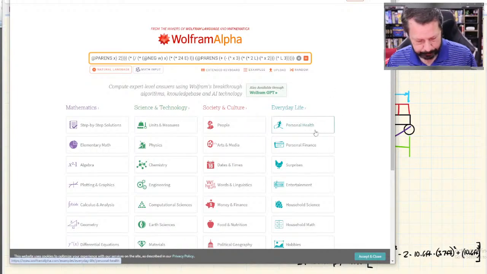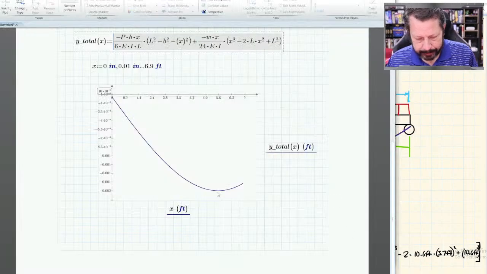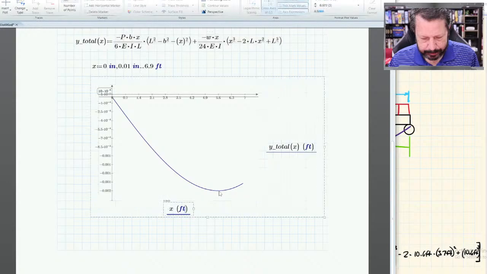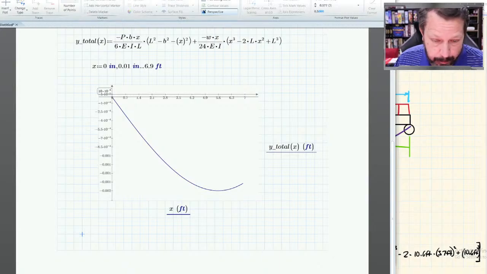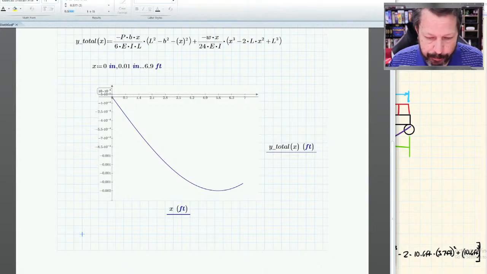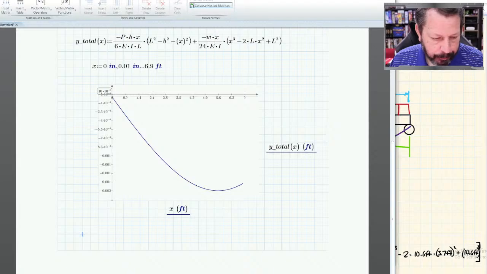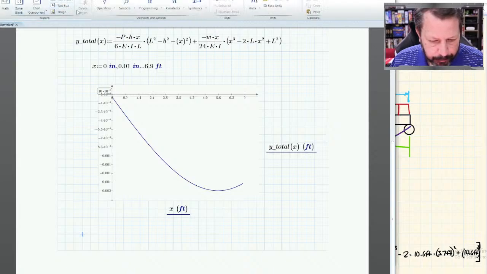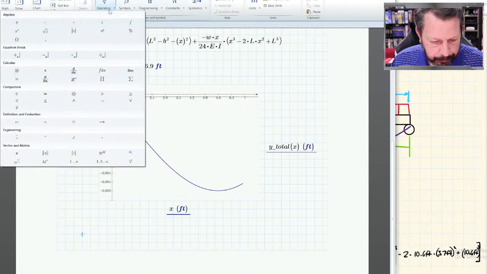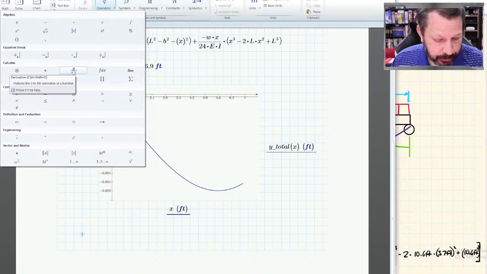But that won't help. Let's just try to see if we can do the derivative. Where's that at? Maybe we can just do a derivative.